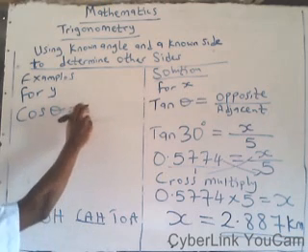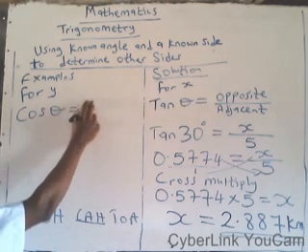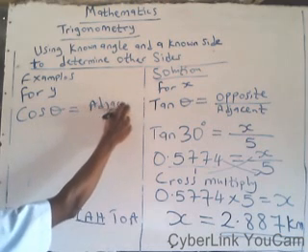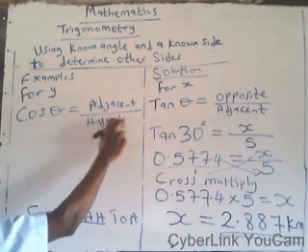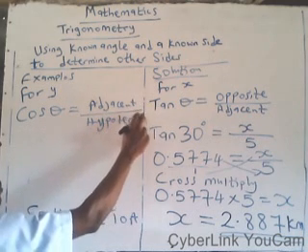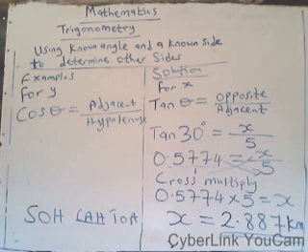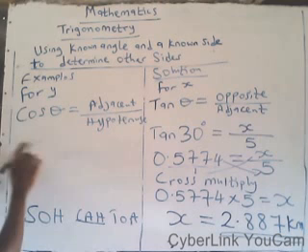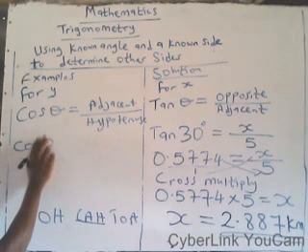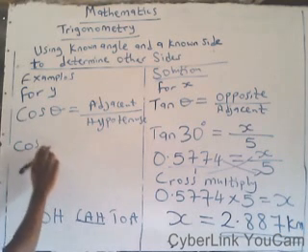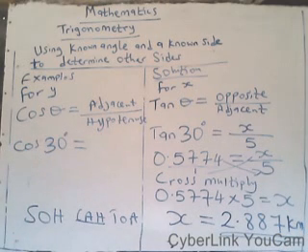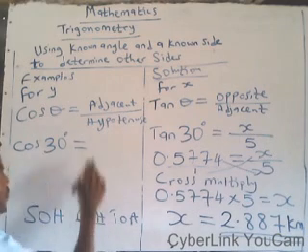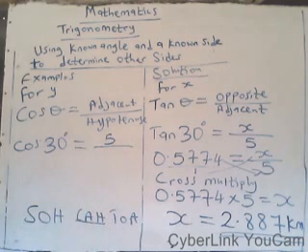So we want to use cos theta is equal to adjacent over hypotenuse. From the right angle triangle given, theta is 30 degrees and is equal to adjacent, which is 5, over the hypotenuse, which is y.